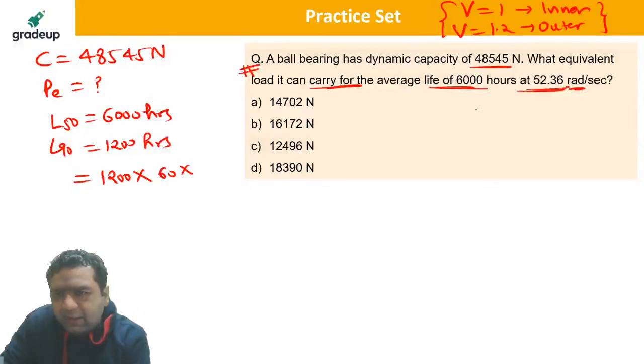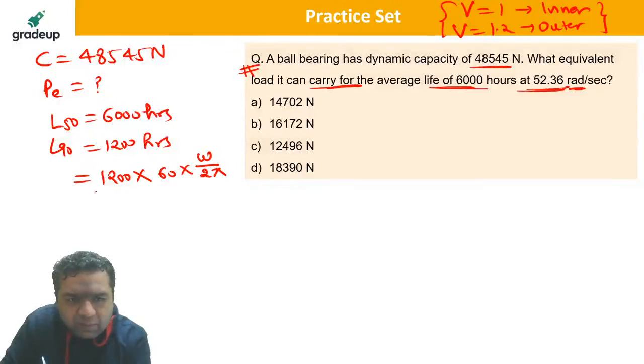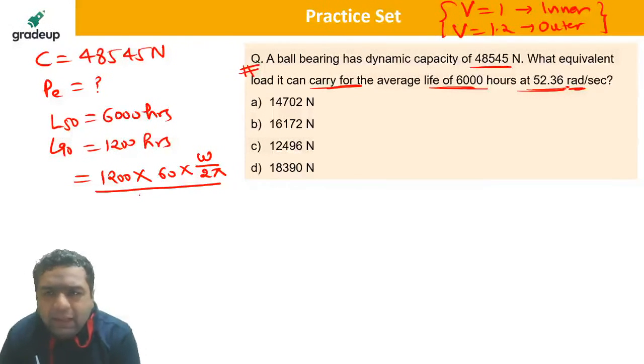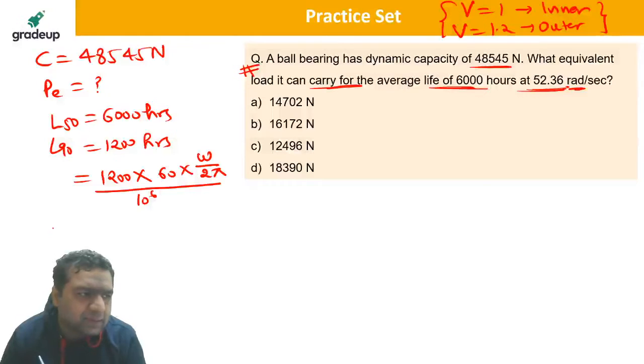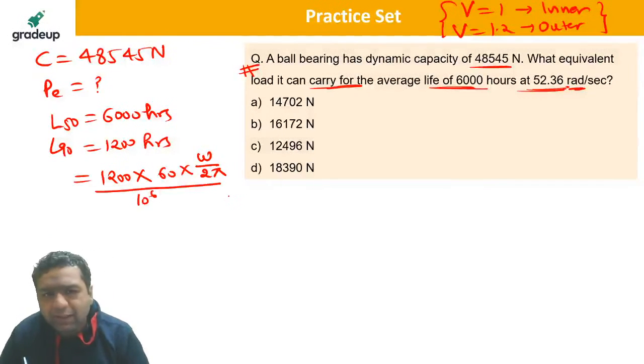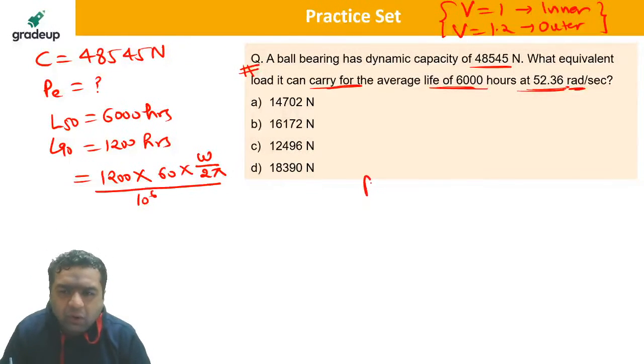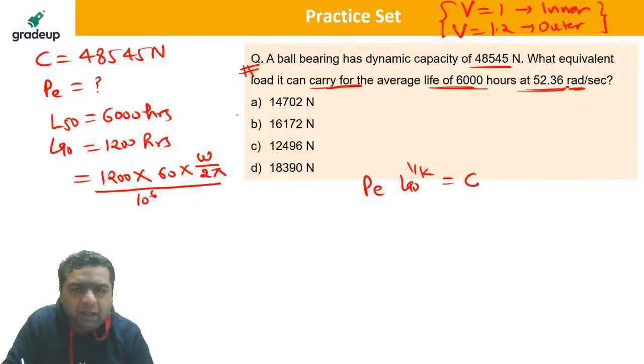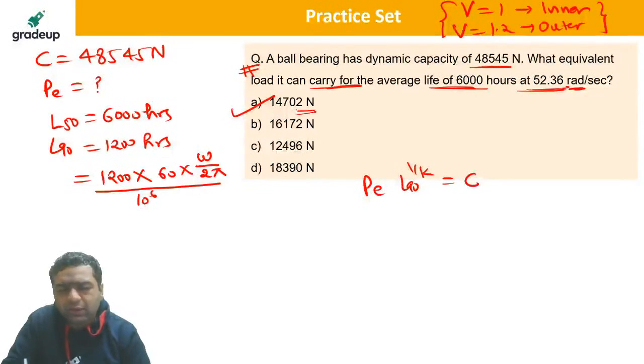This is radians per second, so omega upon 2 pi will be small n, and you will be dividing it by 10 power 6. By doing that you will get the life, and then you know PE L10 to the power 1 by K is equal to C, and you will get the answer to be 14,702 Newtons.